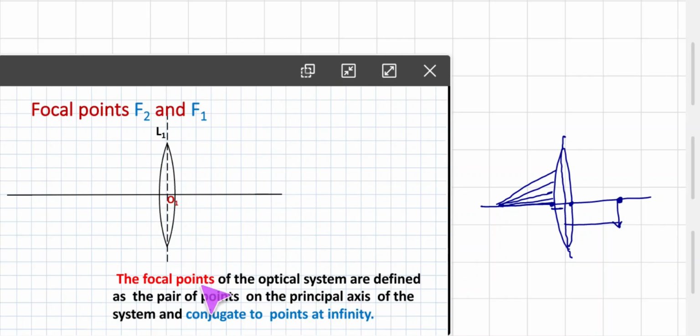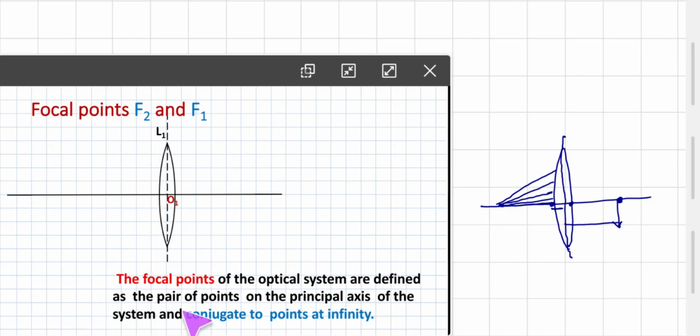Focal points F1 and F2, remember that, of the optical systems are defined as the pair of points on the principal axis of the system and conjugate to points at infinity. So what exactly does that mean? There is a relation. That means if rays are coming from infinity, they will meet at the focal point, and if rays are emerging from the focal point, they will reach infinity.